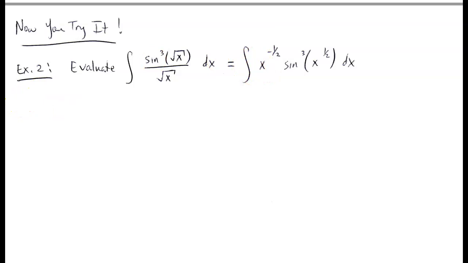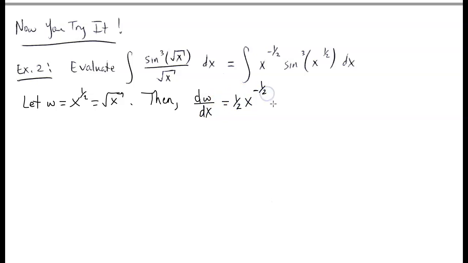So we'll start off here by saying let W equal x raised to the 1/2, which is, of course, the same thing as square root of x, okay? So if we do that, then we know that the derivative of W with respect to x is just going to be 1/2 x raised to the negative 1/2.